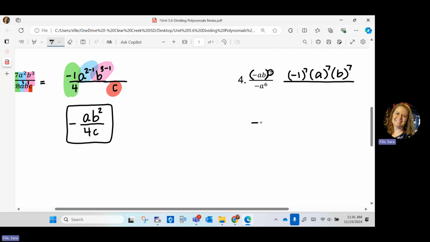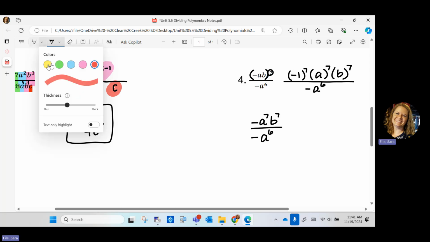So I'm going to keep the negative, and then it's a to the 7th, b to the 7th. Now in my denominator, that 6 is not around parentheses. So the negative is not being raised to the 6th power. It's just the a. So that's still just going to stay negative a to the 6th.